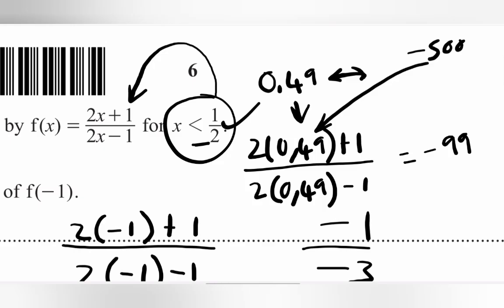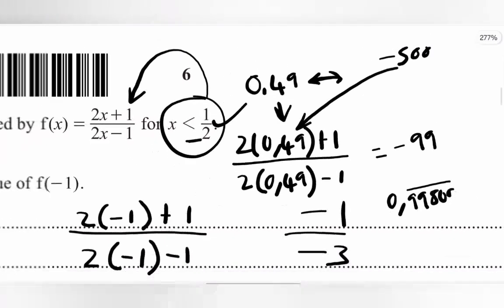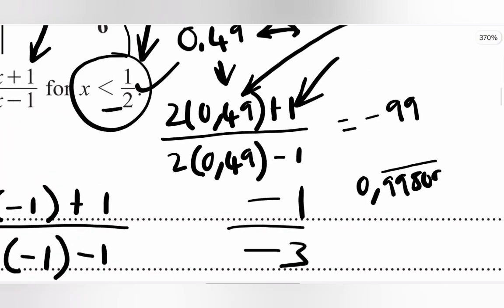So you're just going to substitute it in there. So now it will be 2 bracket minus 500 plus 1 over 2 times minus 500 minus 1, and we're getting 0.998 recurring. And you can see that for all the values that we're going to input into f of x that are within this domain, we're going to get values that do not get to 1.